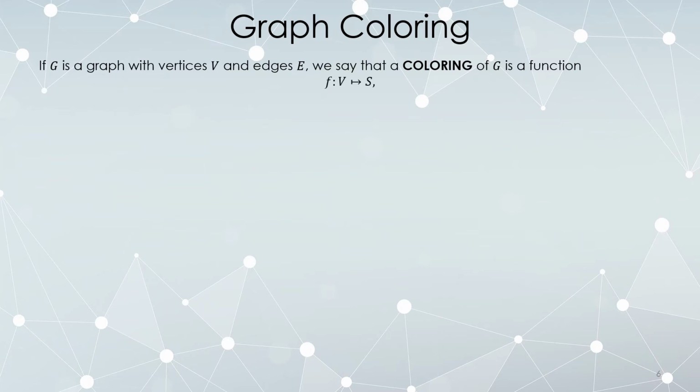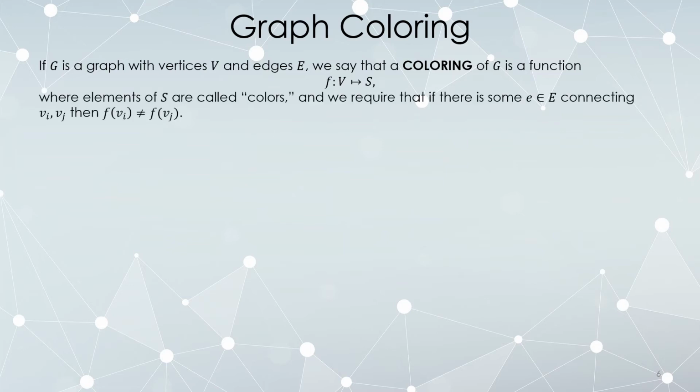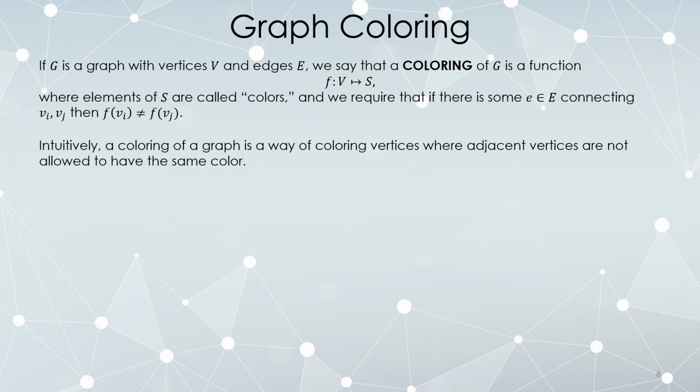It's actually a function whose domain is the vertex set and whose codomain is this set S. The elements of S are called colors, and a proper coloring of a graph has the requirement that if there is an edge connecting 2 vertices, then those 2 vertices have different colors. So you assign colors to vertices, and if 2 vertices are connected by an edge, you're not allowed to give them the same color. So intuitively, we can really think of this in terms of colors.